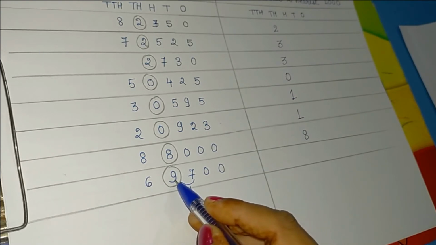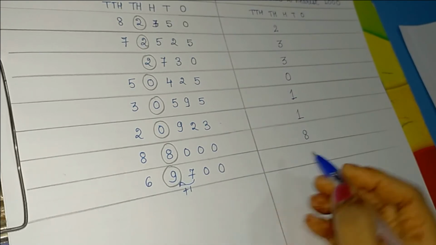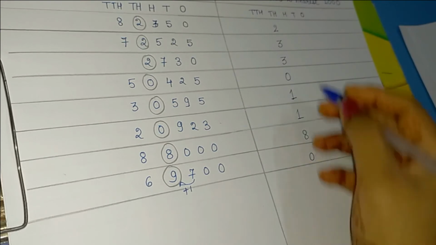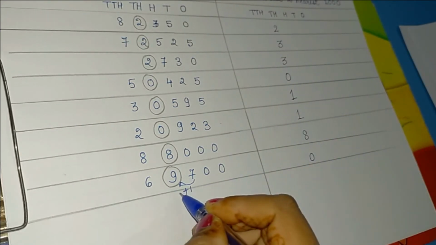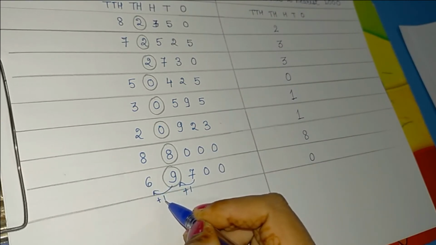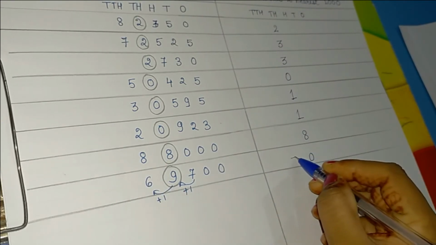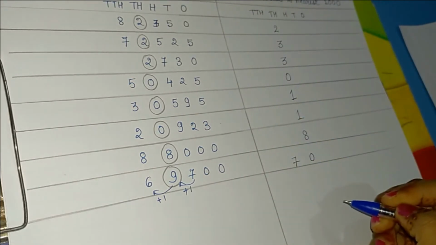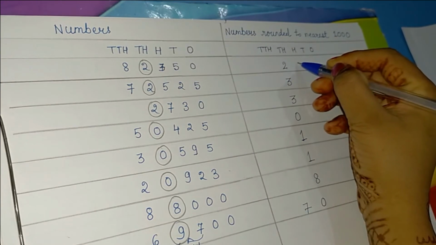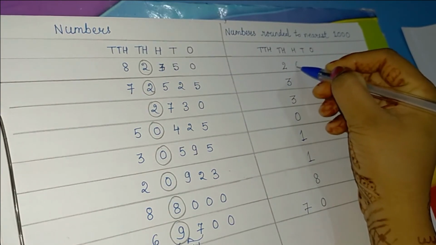And here we have 9. So 9 plus 1 is 10. So we will write 0 of that 10 at the 1000 place. And we will carry 1 to this 6. 6 plus 1 is 7. So here we will write 7 at the 10,000 place. Now according to step 4, we need to keep the 100, tens and ones place as 0.